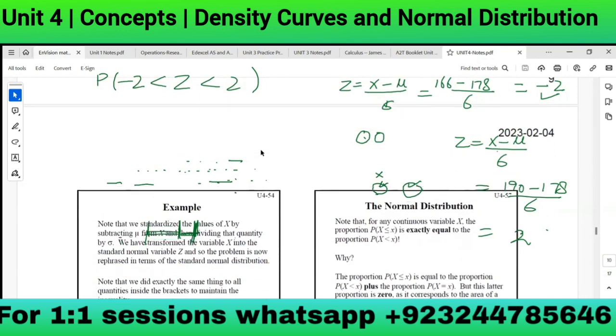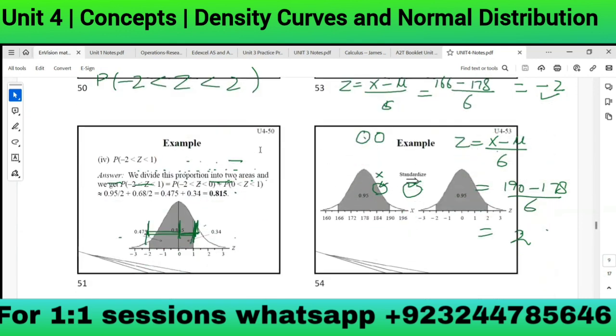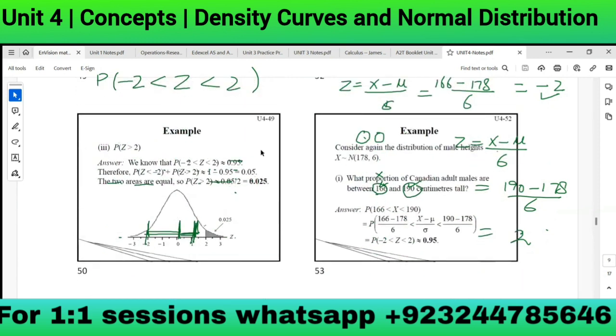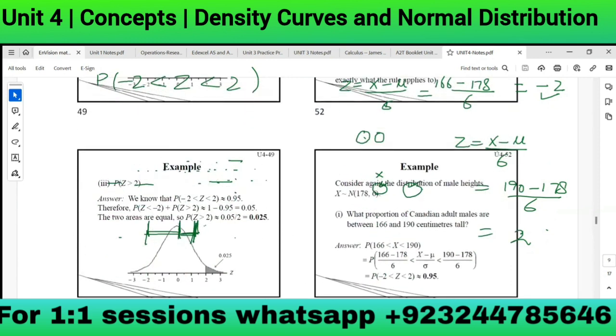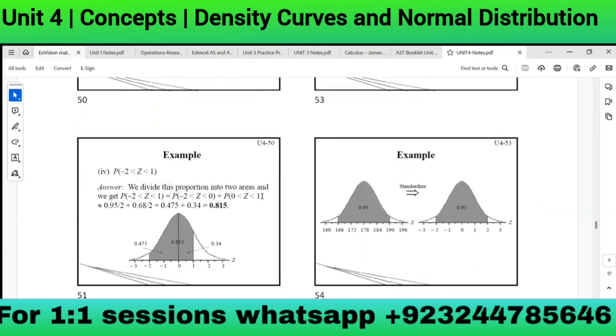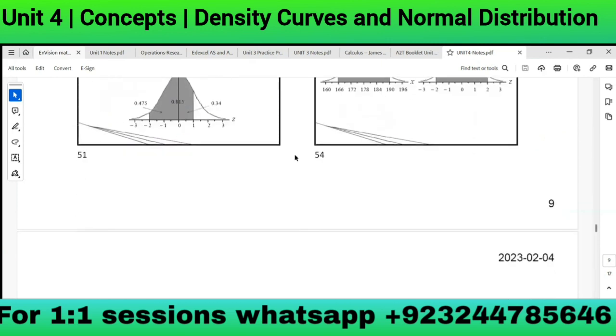Yes, a table is also provided, and from the table we can also find out the values. But a few values we may learn that are given by definition. But actually there is a Z table provided, and that Z table will give you the value of 0.95. Till here, it is the calculation part, then by table you can get the value 0.95. We do have Z calculators and Z tables. Okay. So this is the graph.